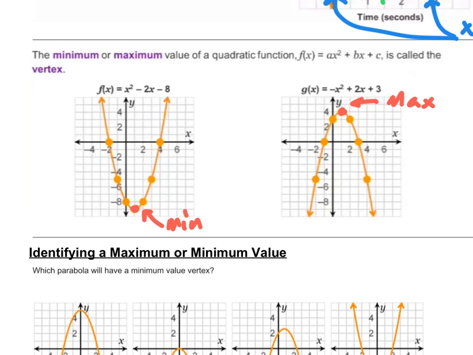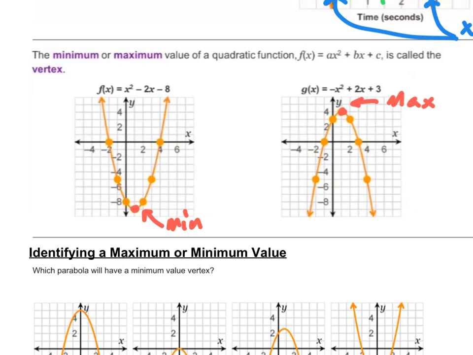Notice that when we have a maximum, our leading coefficient, that value for a, is negative, and when we have a minimum, the leading coefficient is positive.